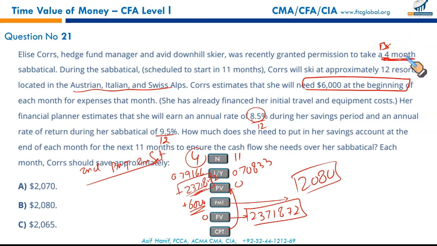So that was a little twisted one, but when you split the question in two parts, then accordingly you can do it. Yes, a timeline will always help, but once you get the idea, you can do it straightforward. Otherwise, a timeline is always recommended when you get a question like this. It makes things much easier.